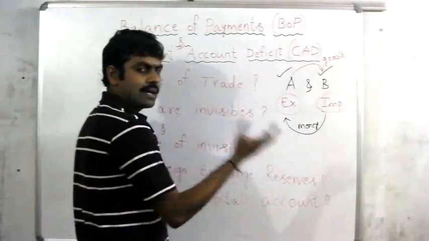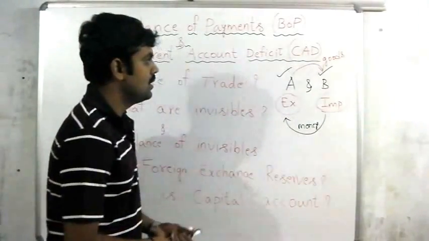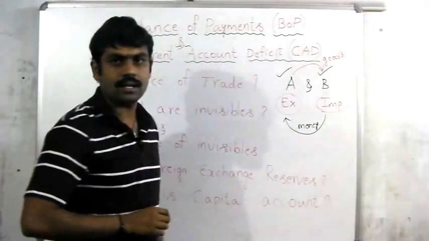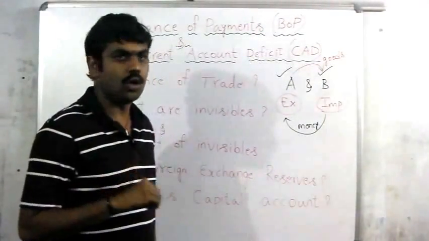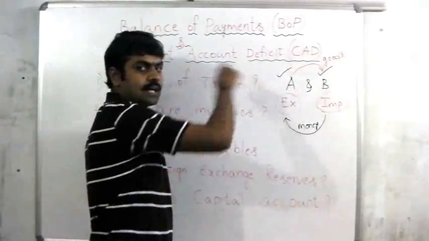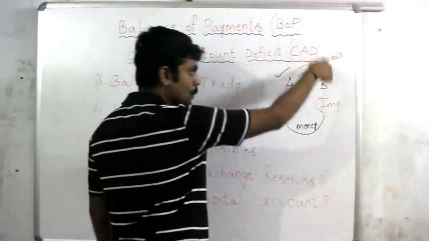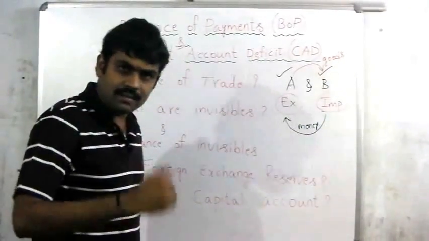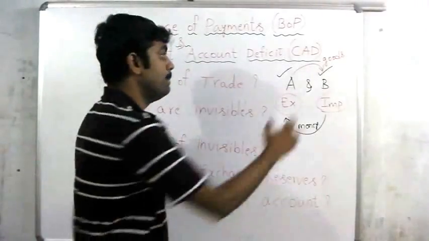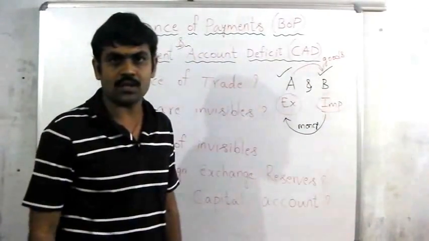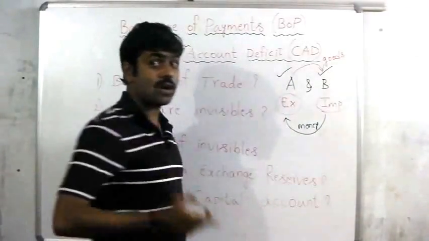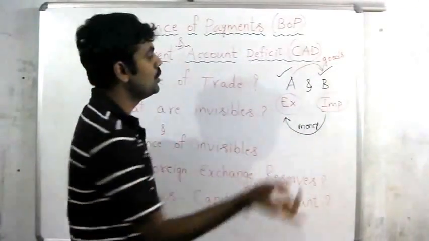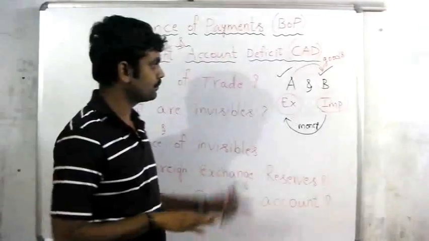For a while, let us assume that A has surplus production of some good called C. So A is exporting that good C to B, and in the same way let us assume that B has some surplus production of a good D, and so B is also exporting the good D to A, whatever it may be.